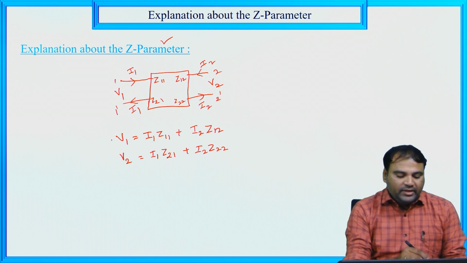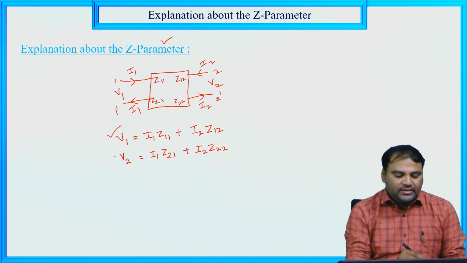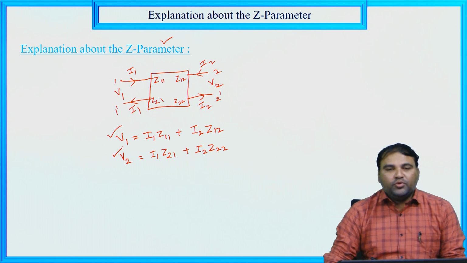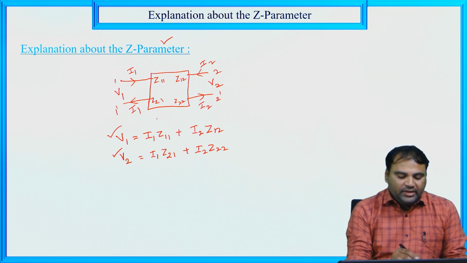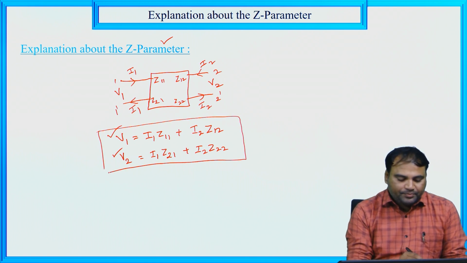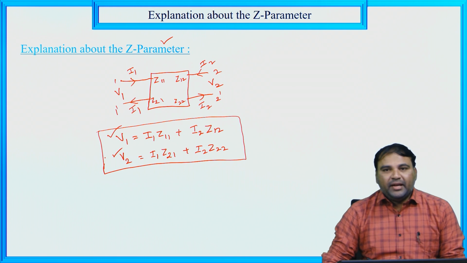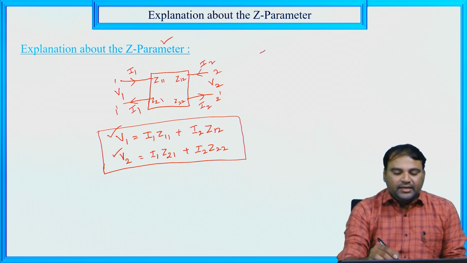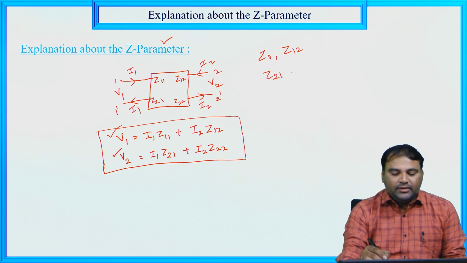By using these two equations, we have to calculate the impedance parameters Z11, Z12, Z21 and Z22 in matrix form.